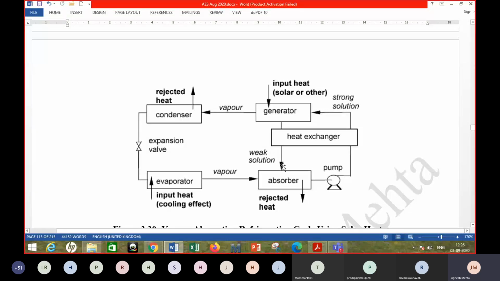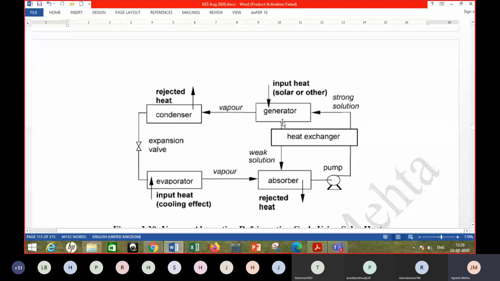Now, when you are pumping this strong solution into the generator, in generator anyway you are going to heat it, and when you are returning this weak solution from generator to absorber, it is to be cooled in the absorber. So it's always a good idea to exchange the heat between these two streams, because this is at a lower temperature, which is anyway to be heated here.